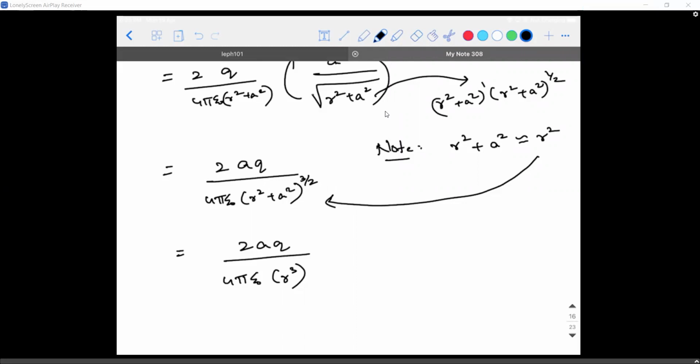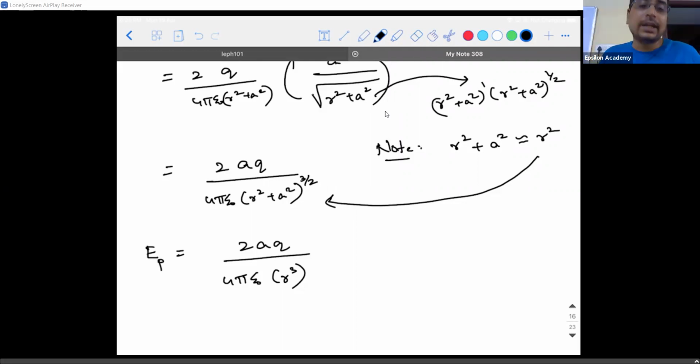Clear, sir. Okay. So this is the electric field at point P in terms of magnitude. So this will be equal to P divided by 4 pi epsilon naught r cube.